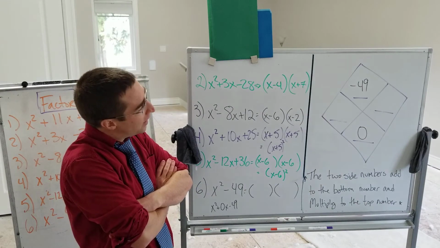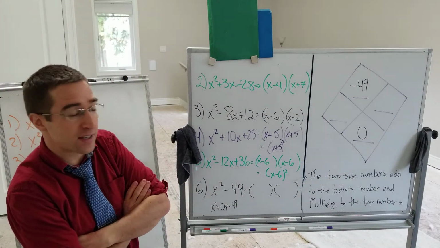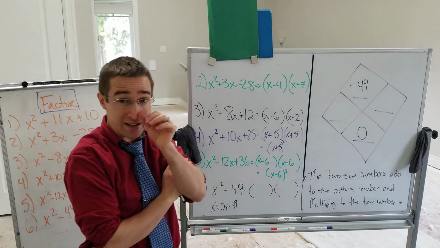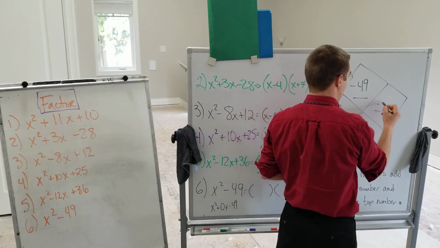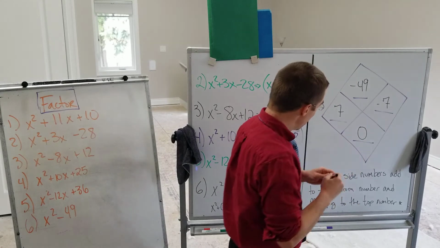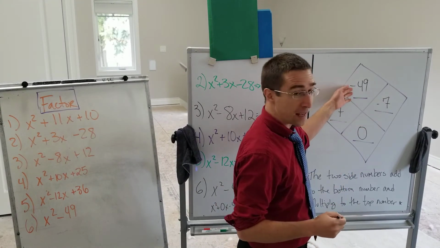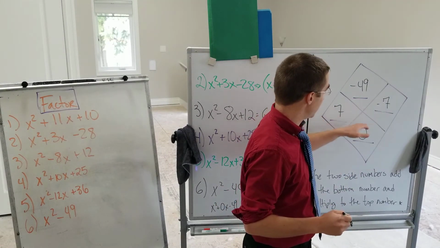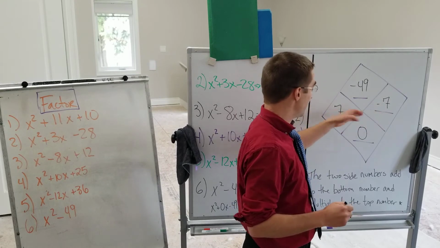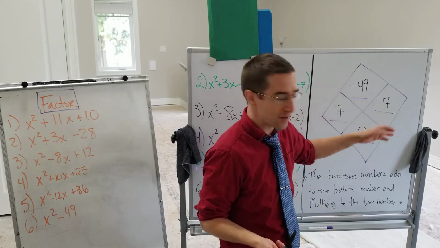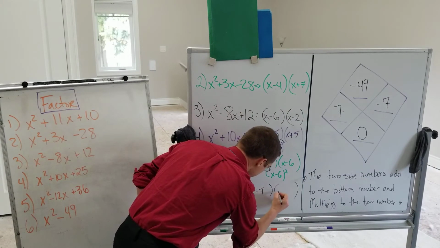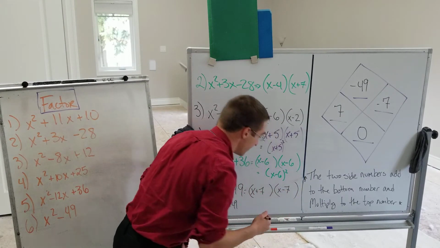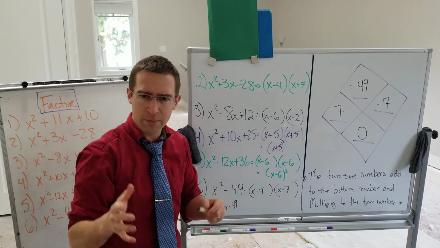Well, 5 times 5 is 25, 6 times 6 is 36, 7 times 7 is 49. So if I make one of the 7s positive and one of the 7s negative, a positive times a negative gives me a negative. A positive plus a negative, 7 plus negative 7, that's 0. So here I get x plus 7 times x minus 7.